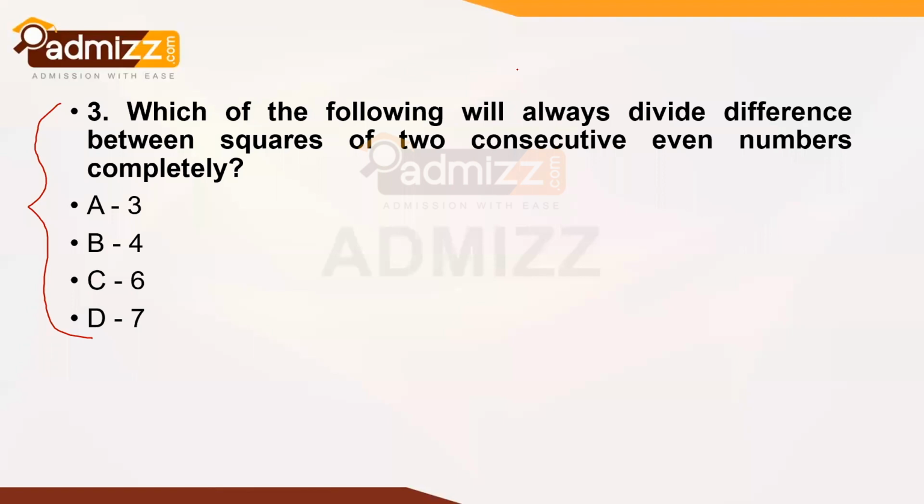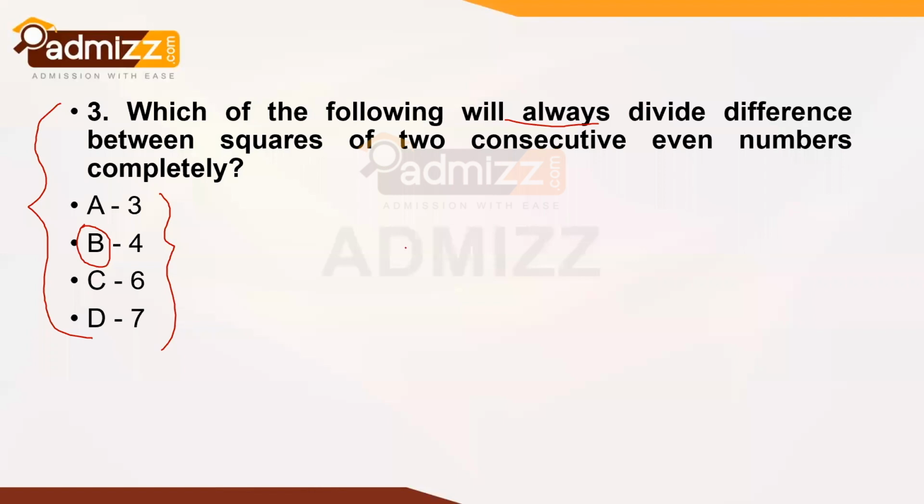Yep, the correct answer is 4, which is option number B. But why is that the case? The question asks, which of these following will always divide the difference between squares of two consecutive even numbers completely, right? So there has to be no remainder in this particular case.